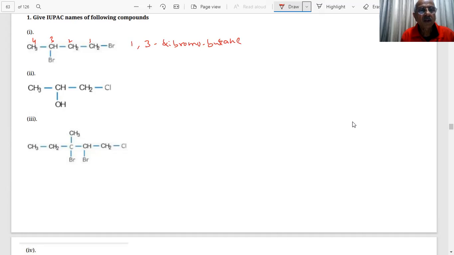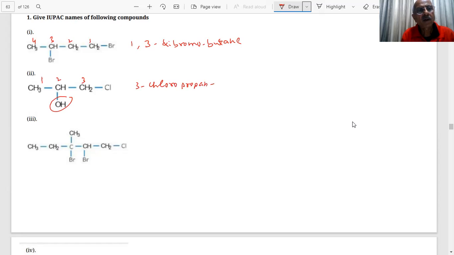Second one will be 1, 2, 3. 1-chloropropan-2-ol. No, 3-chloropropan-2-ol. Which group is having preference, students? OH.